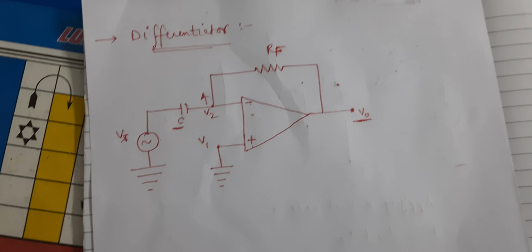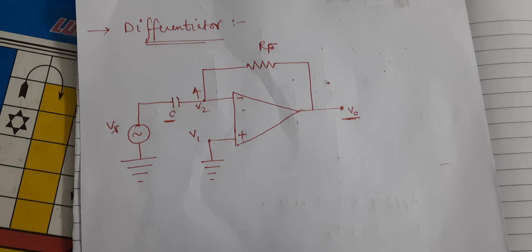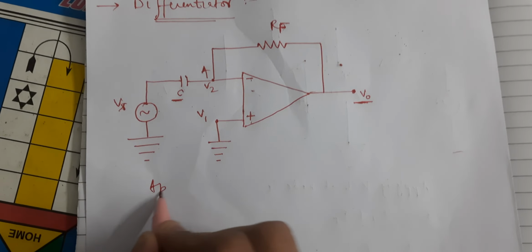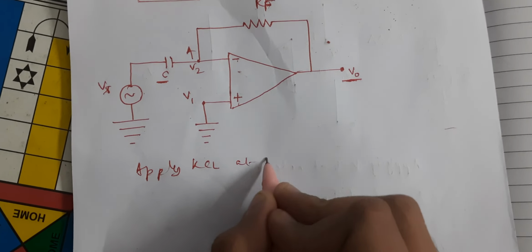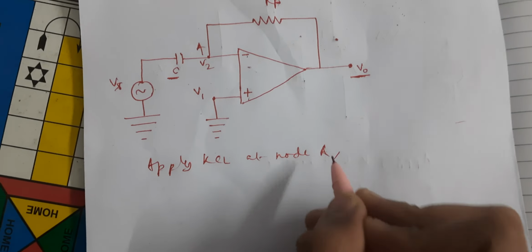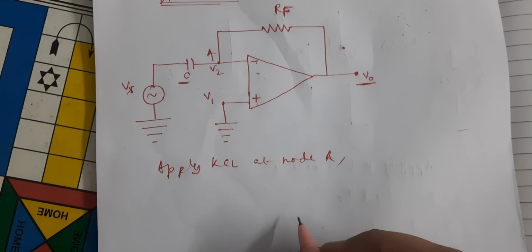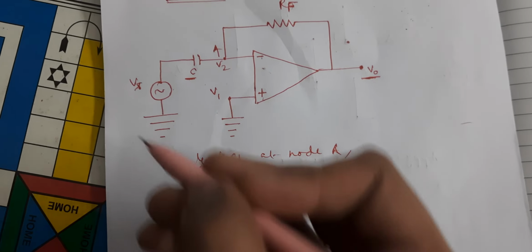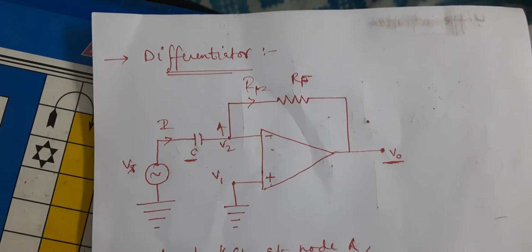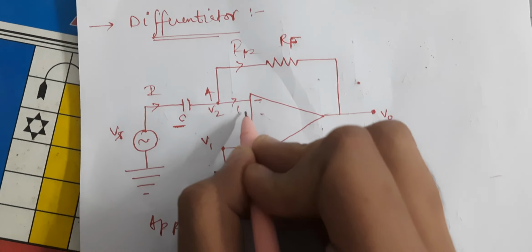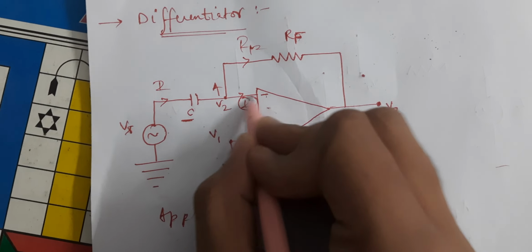Same thing here also we can do. Applying KCL at node A, we get I. You can see the direction of current here as well: I, here the feedback current IF, and here I1, which we know will be 0.